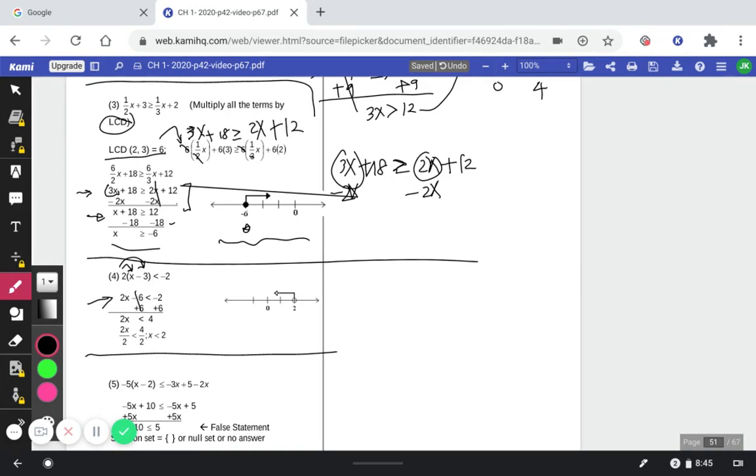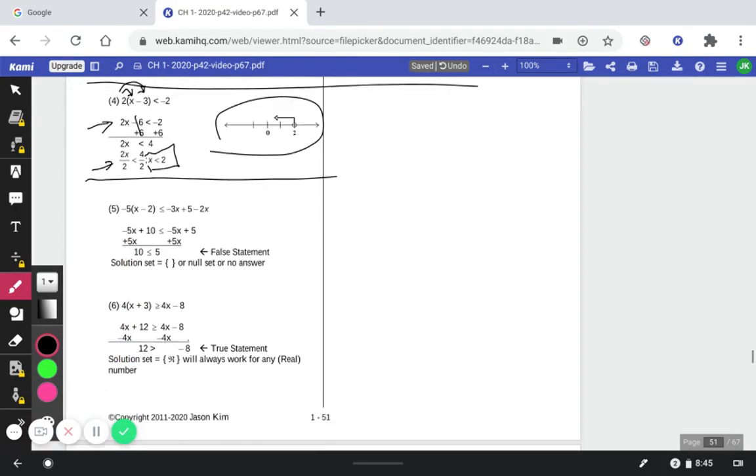So 2x is less than or equal to 4. Divide both sides by 2 to get x alone. You get x is less than or equal to 2. So the way you graph is this. Closed circle with the left side direction. That makes sense, right?